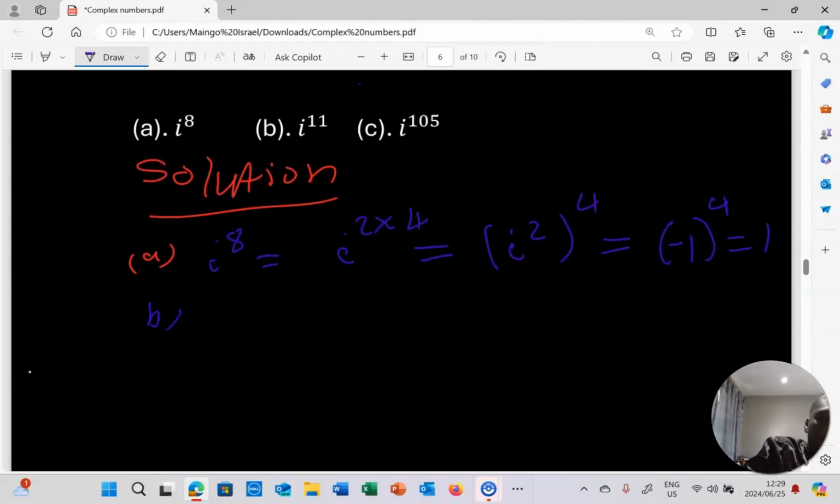So number B is I to the power 11, which can be expanded as I to the power 10 times I to the power 1.